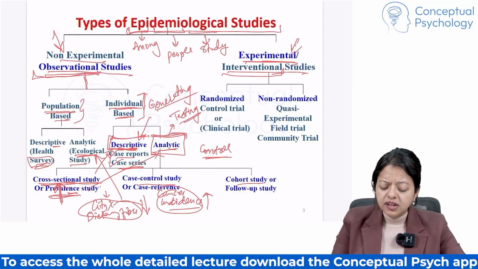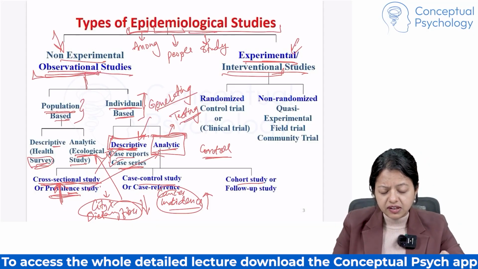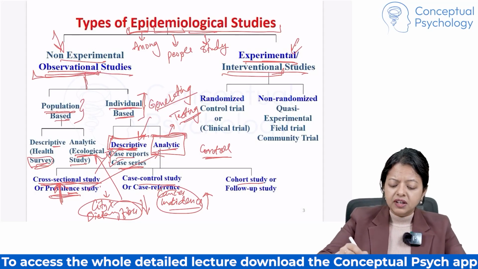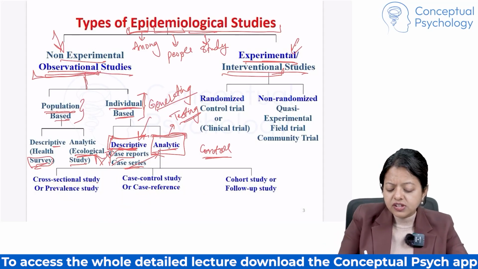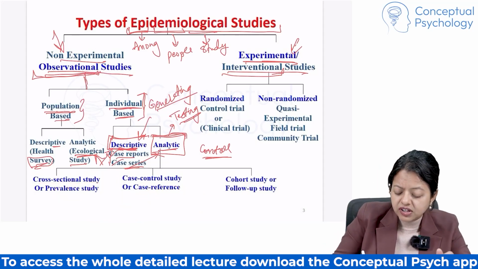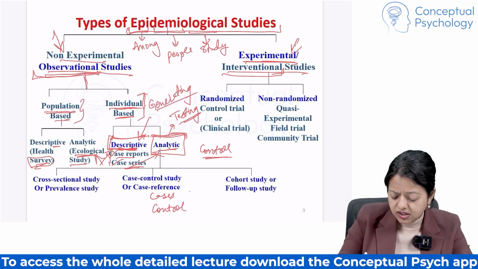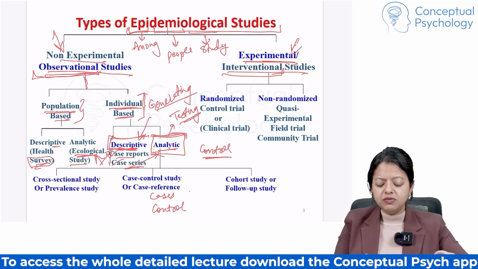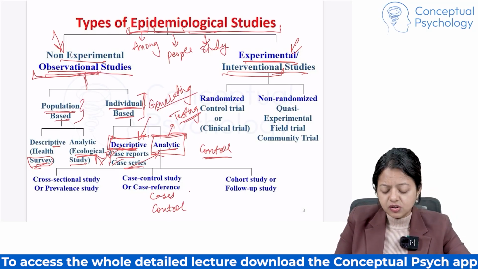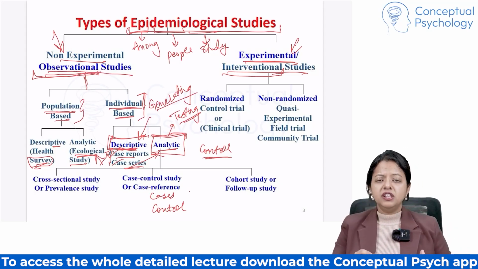Okay, so next is the case control study. So case control study is a retrospective study. Here we start with cases of the disease and controls. These are matched. Let us suppose we have depression cases, the cases who have depression, and controls of similar age group.